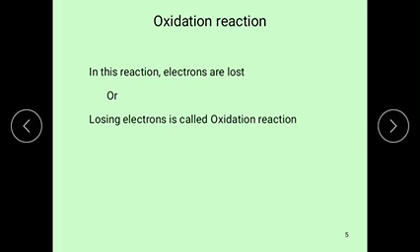The removal of hydrogen from an atom, ion or molecule is also called an oxidation reaction.